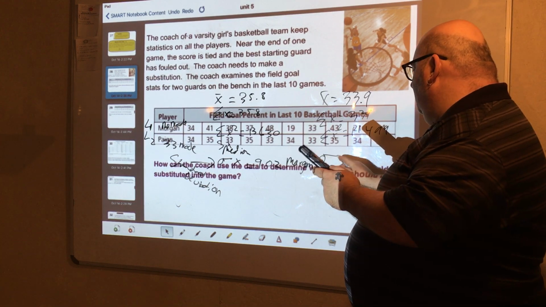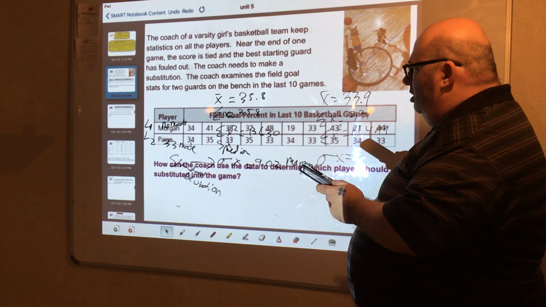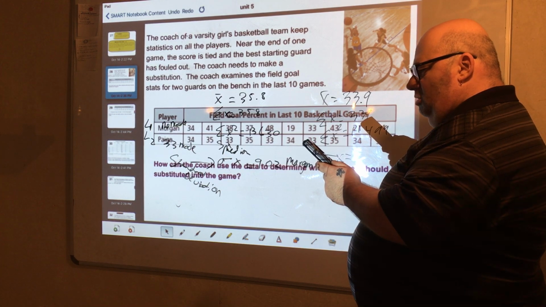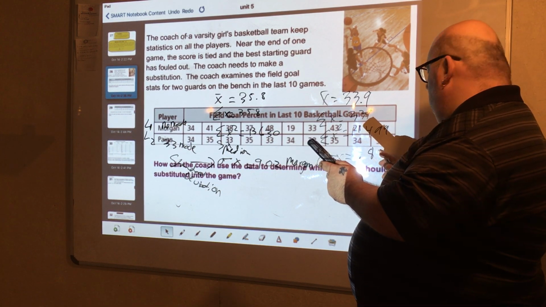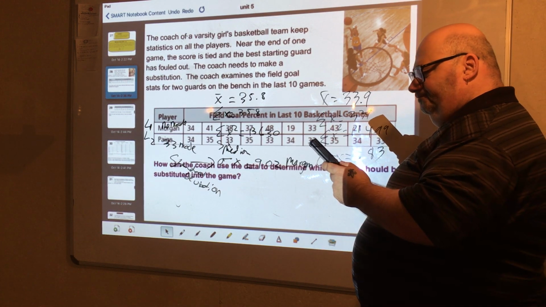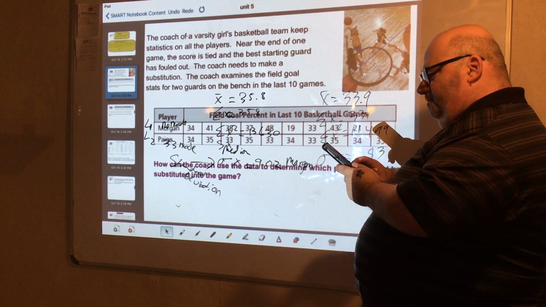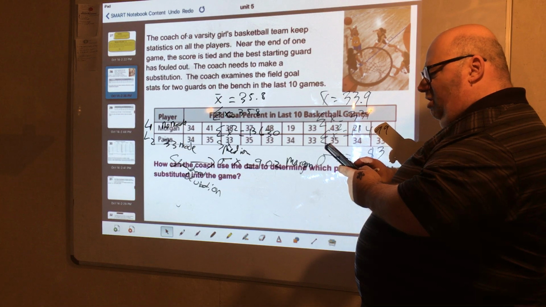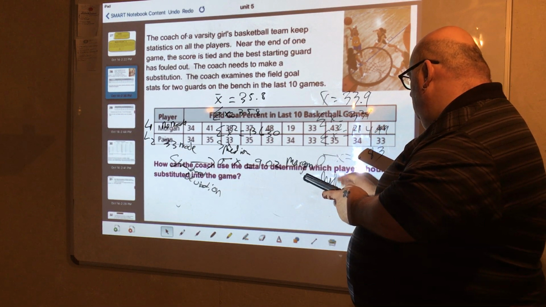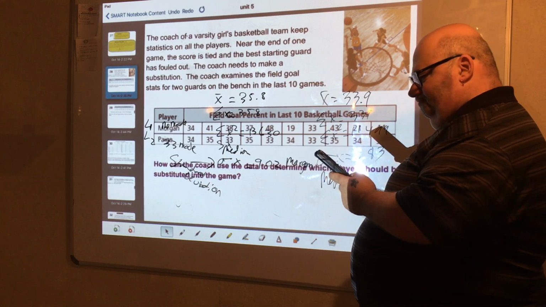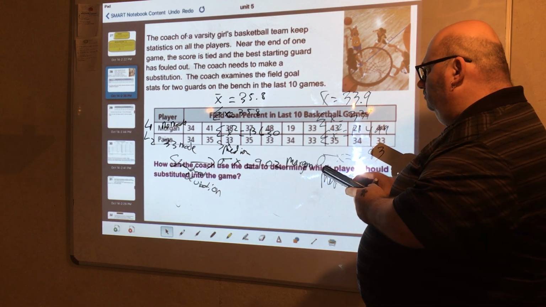What is our standard deviation for Paige? 0.83. Okay. And if we go further down, we'll find our median was actually 34.